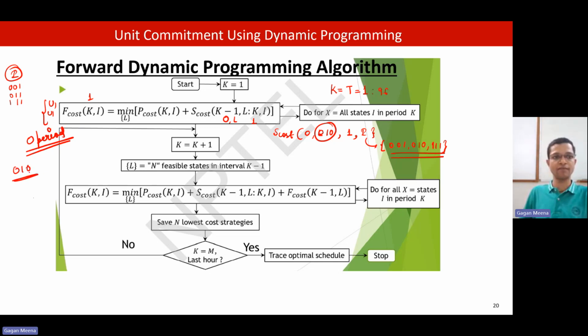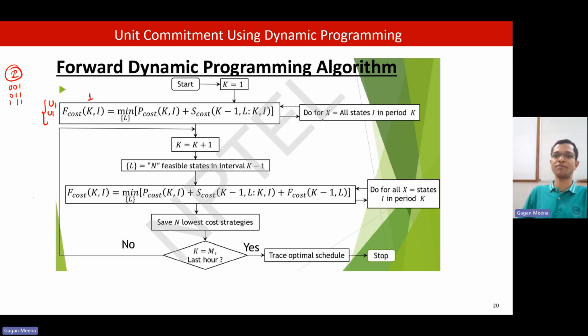But in subsequent time periods, this L subset will have more than one value. And we will take only n feasible states. Out of 2 raised to power 3 minus 1 combinations, we are taking only 3. We will save only 3.